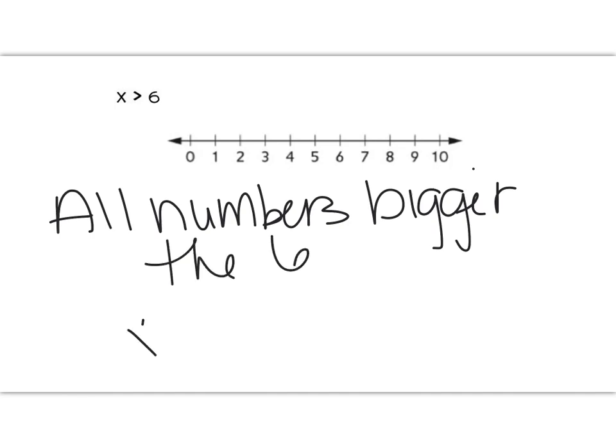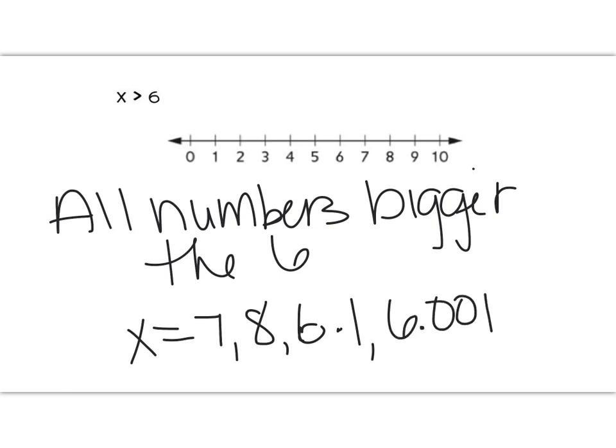Now this could mean that it starts at 7 and 8 and bigger, but it also could mean 6.1 or 6.001. And so in order to graph this, we would put an open circle on 6. So 6 is not included in the solution set, but every single number past 6 is, which is why I'm drawing an arrow to the right.